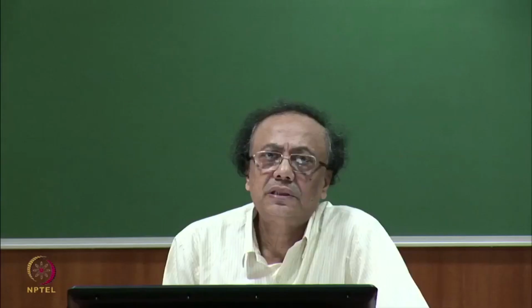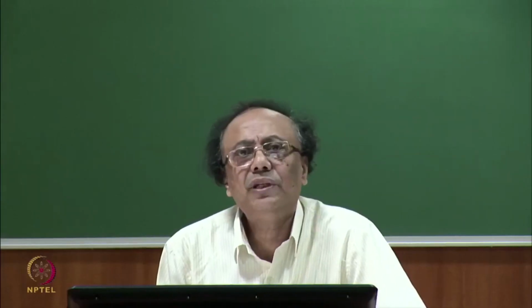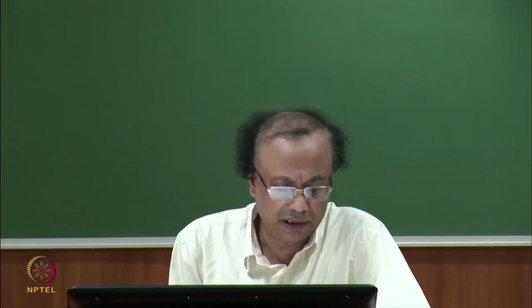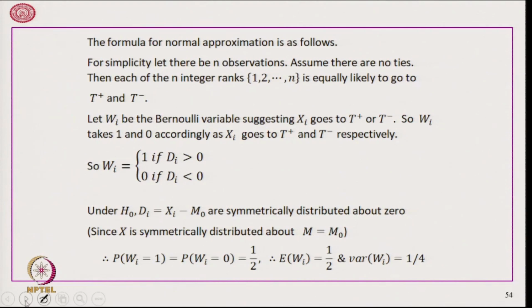Normal approximation: like the case of the sign test, here also we can do a normal approximation if the sample size is somewhat large. The formula for the normal approximation is as follows. Let us assume that n observations are there, and assume that there are no ties.